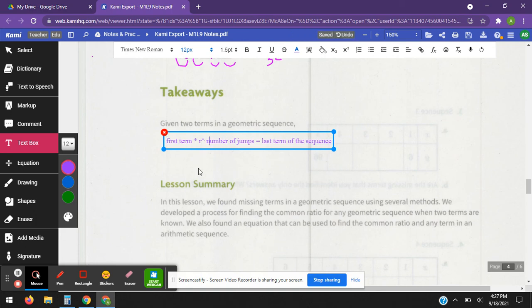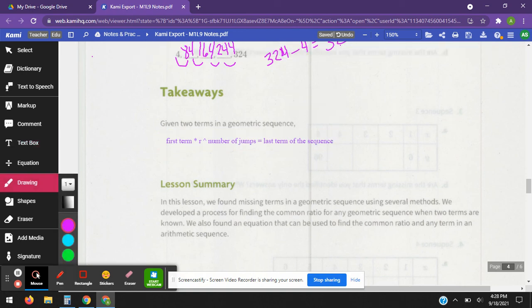Our common ratio to the number of jumps equals that sequence. So one way we could write this, in terms of the equation, is the answer equals 1 times r to the n minus 1, right? Because however many terms we have, our jumps are 1 less. That's kind of the equation way of writing it.